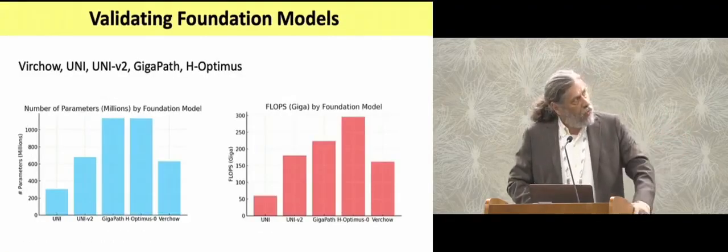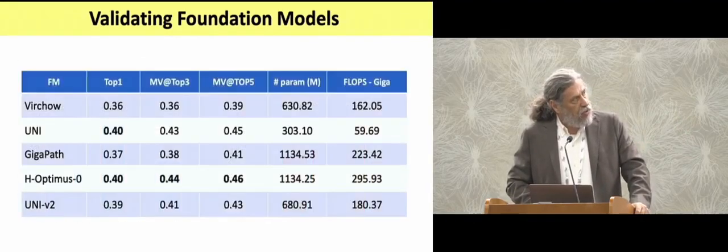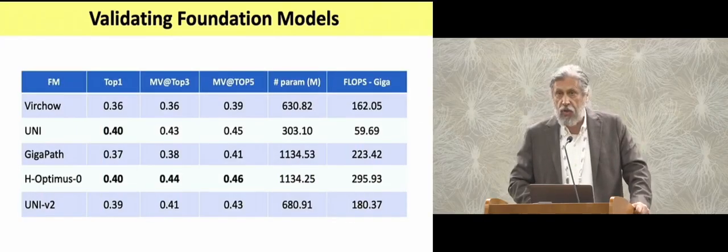So, just to give you some ideas about some of the mostly used and mostly cited foundation models that we tested, this is the reality of foundation models for search and retrieval. So you are below 50%. And in the paper that I showed you in Scientific Reports, the average of all foundation models for TCGA is 44%.